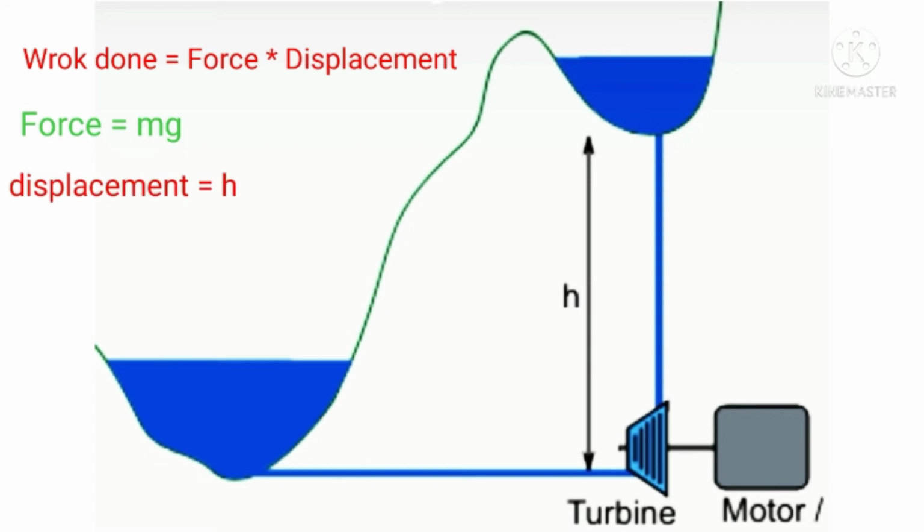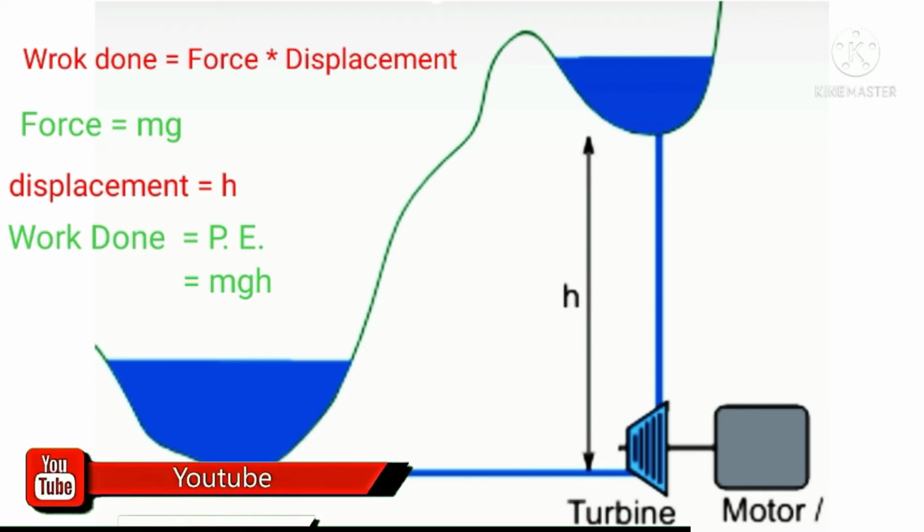One very important thing that you have to remember here is that work done is equal to the potential energy, but it is only in the case of conservative forces. If we are doing the work against the conservative forces, then that work will be stored in the potential energy.